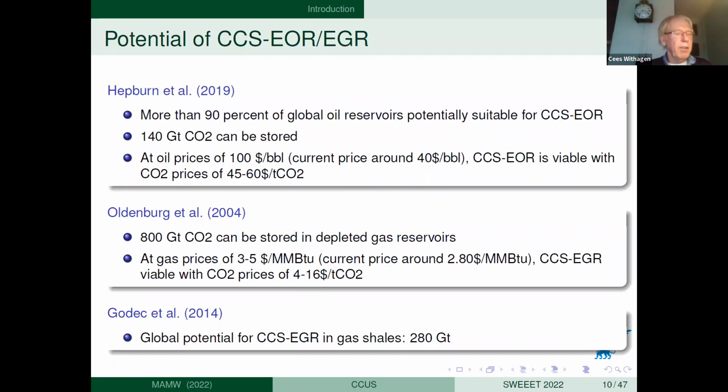I must say that there are also people who are very critical with regard to these optimistic numbers. One famous professor at Princeton, Jacobson, he says that there is a lot of problem with this enhanced gas and enhanced oil recovery, because the process of the recovery is very expensive.